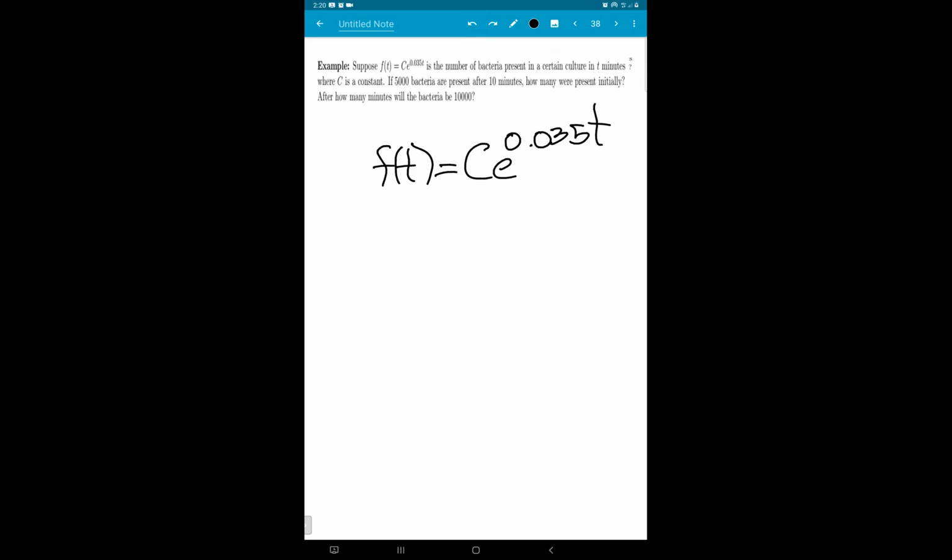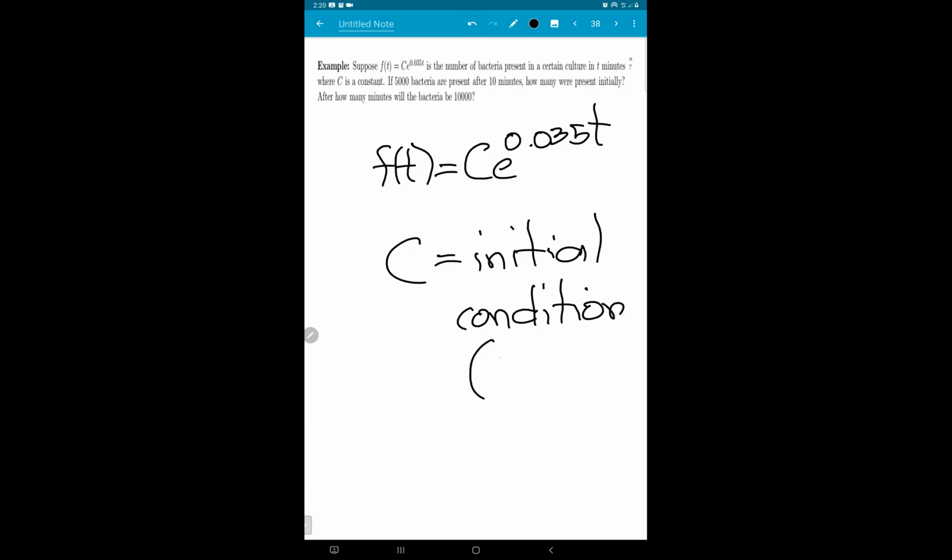And actually, just take note of this if you have not read the modules yet or watched the asynchronous videos. C is actually always the initial condition, meaning when time is 0 at the beginning. So in this case, this would be the initial bacteria population.